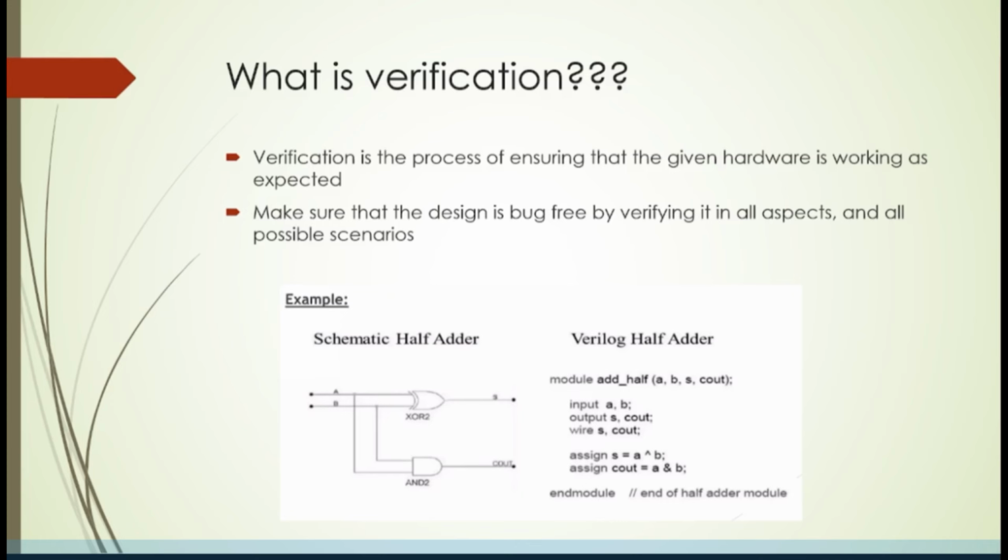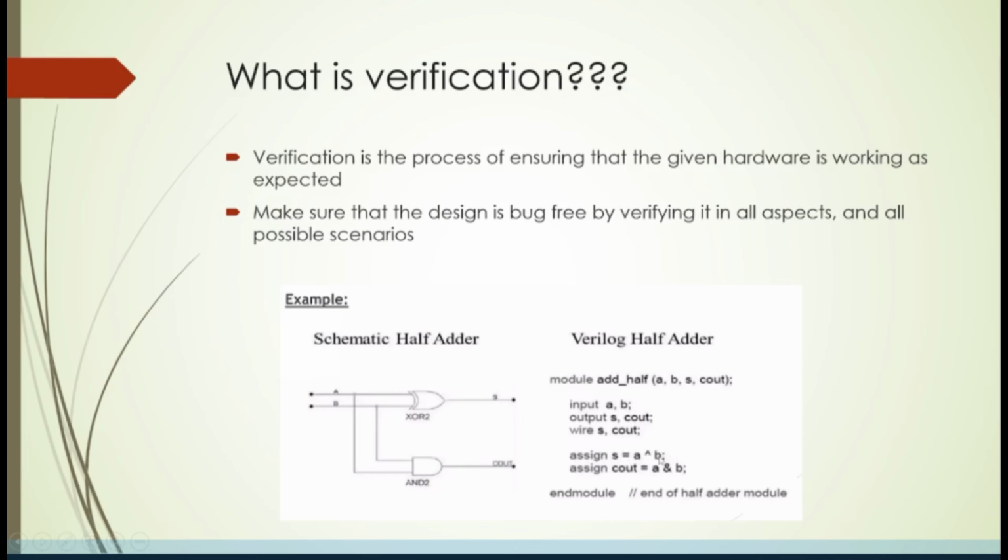So in Verilog, whenever you are going to write a test bench, see, for example, this is my Verilog half adder code. Now if you want to write the test bench for this half adder, if you want to verify this half adder, you will be passing the values from the test bench. How will you pass the values?